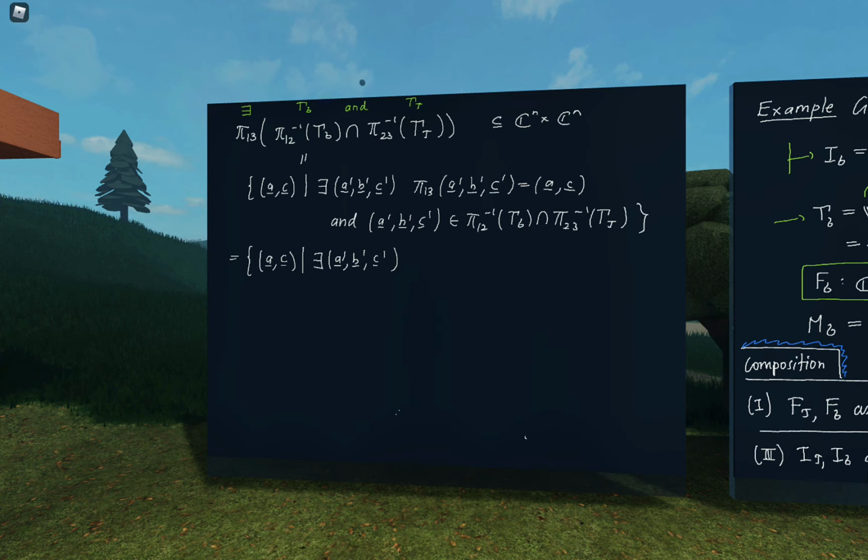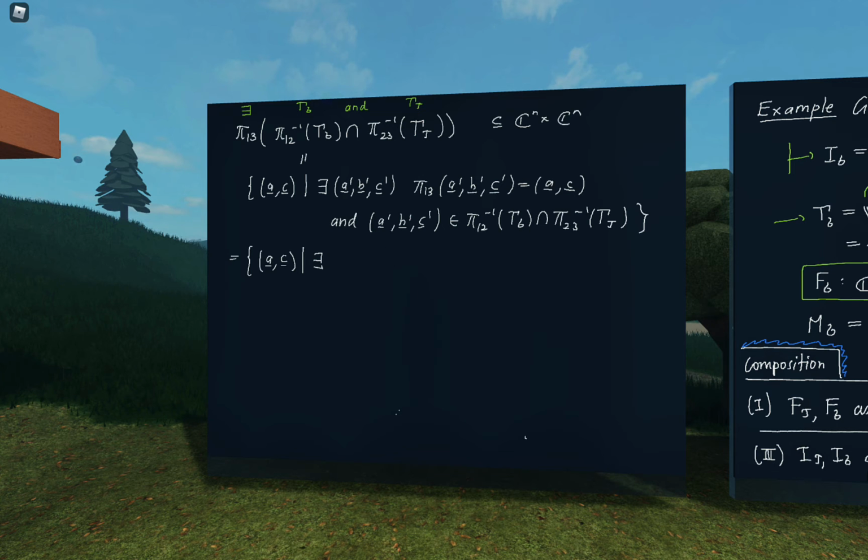Well, to say pi1,3 of ABC of A prime, B prime, C prime is equal to AC is simply to say that A prime equals A and C prime equals C. So I can just make that substitution elsewhere in the formula, and so that exists becomes actually an existential quantifier over only the B prime.